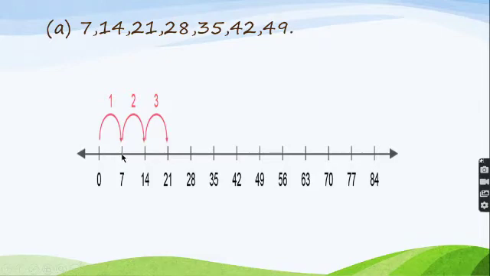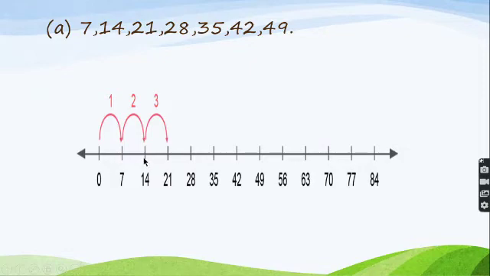Here you can start from 7, and when you hop 7 digits ahead, the gap between the two numbers is 7, so when you add 7 to 7, your answer will be 14, or you will land on 14. So we write 14 here in the missing number.